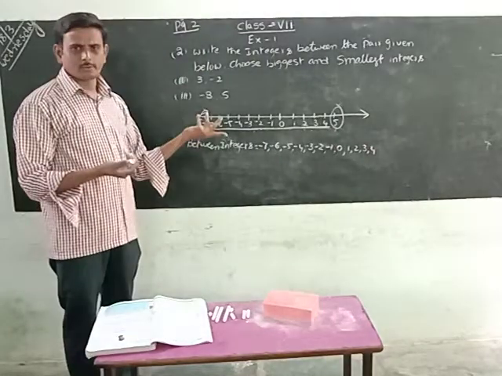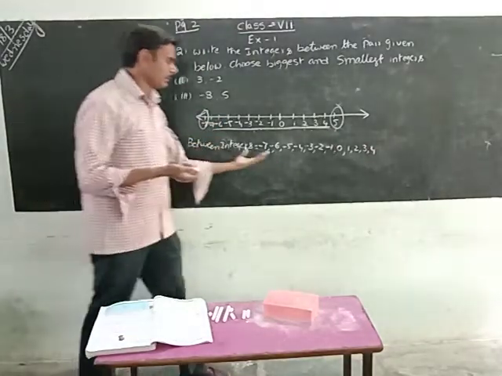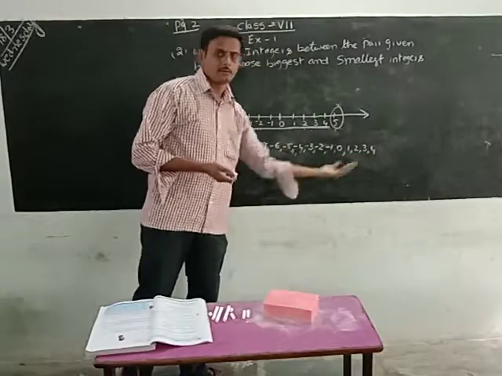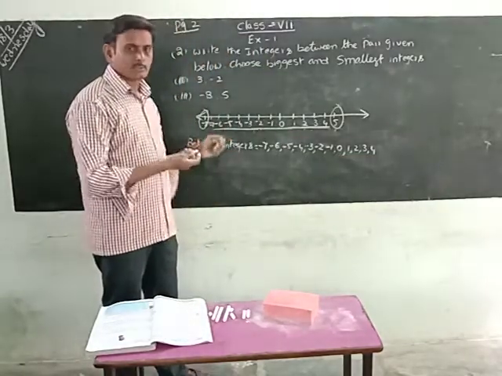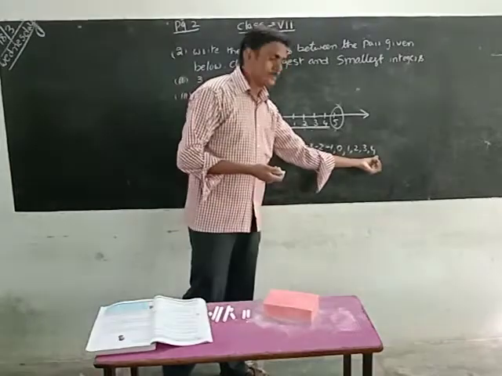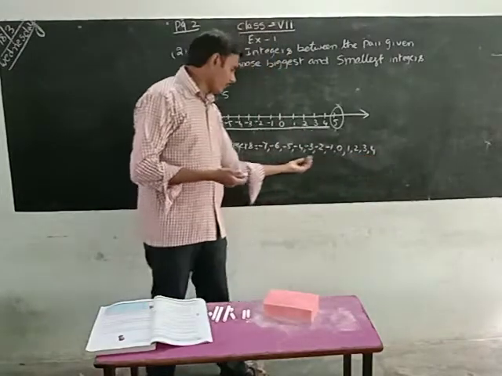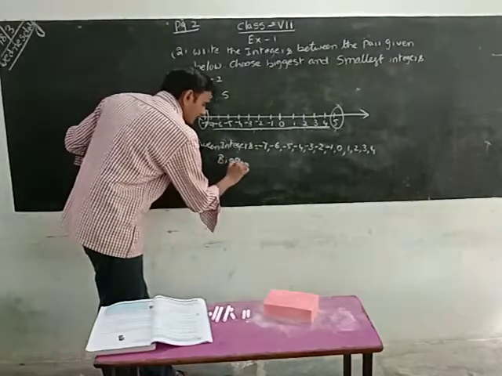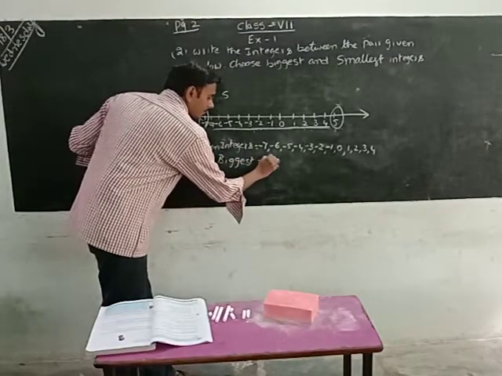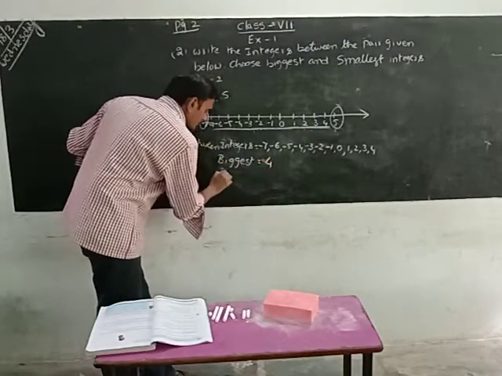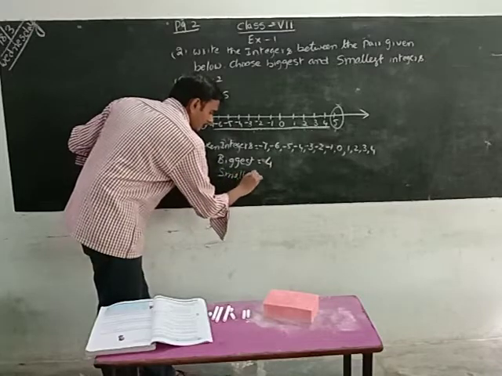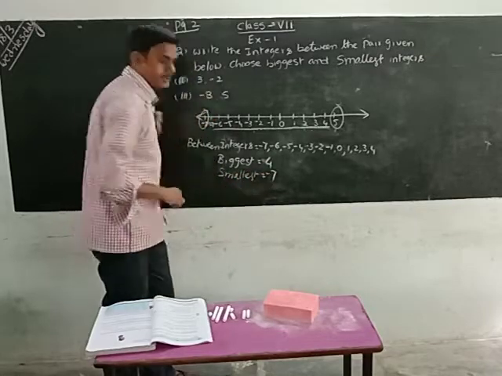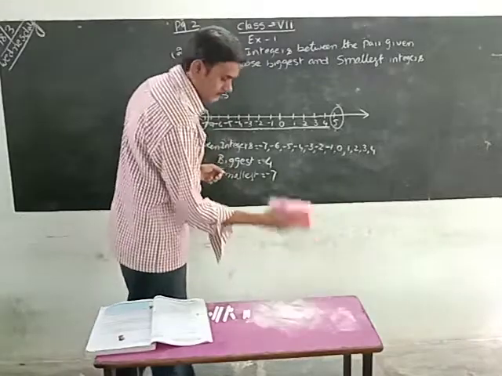Biggest means a positive number only. Because here some negative numbers and positive numbers are there, blindly we can say positive numbers are bigger. In the positive numbers also, which is bigger? 4 is bigger. In negative numbers, minus 7 is small. Biggest equal to 4. Smallest equal to minus 7.